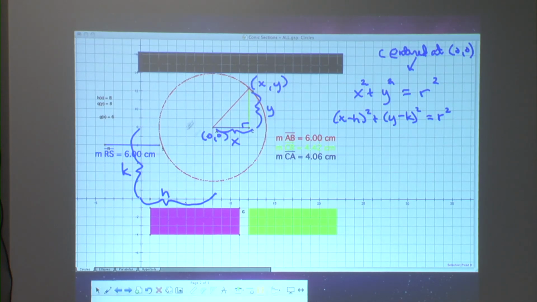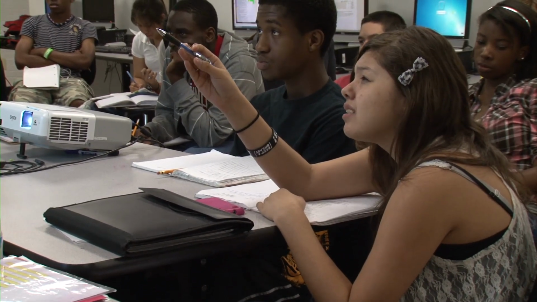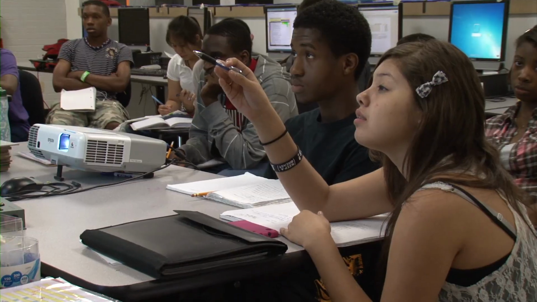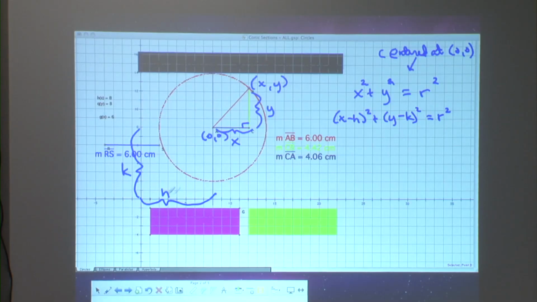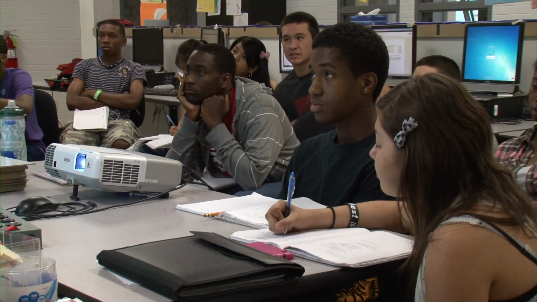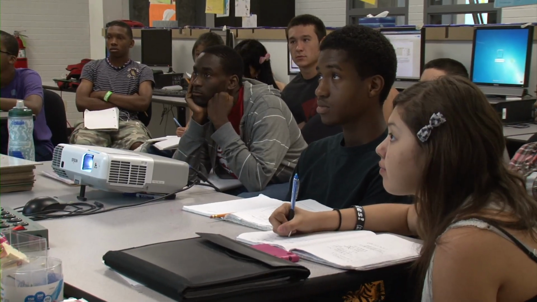So in this particular case, what's our equation of this one? 8. Okay, where's the 8 coming from? The x. Okay, so you count over 8 spaces. This one's a kind of bad example. The k is also 8. Okay, what's our radius? 6. How'd you get that?